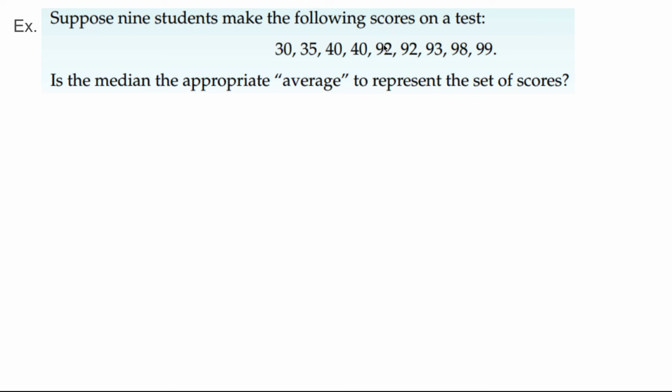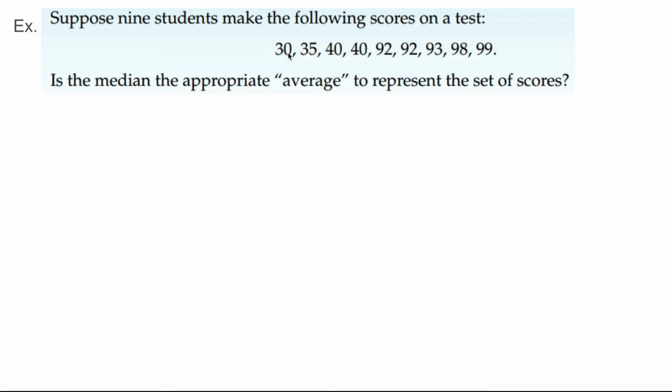Do you think 92 represents the set of scores here? What do you think? I don't think it does, because take a look. 92 is very close to the upper scores. So when you look at the scores below the median and above the median, there's a big difference, right?